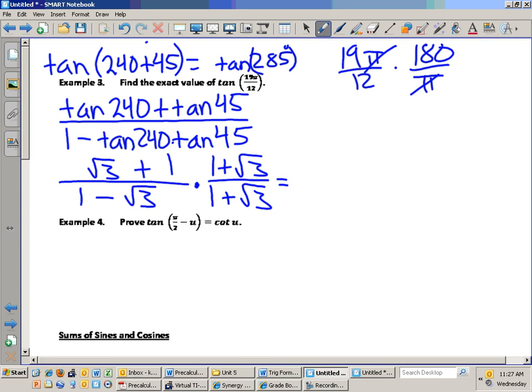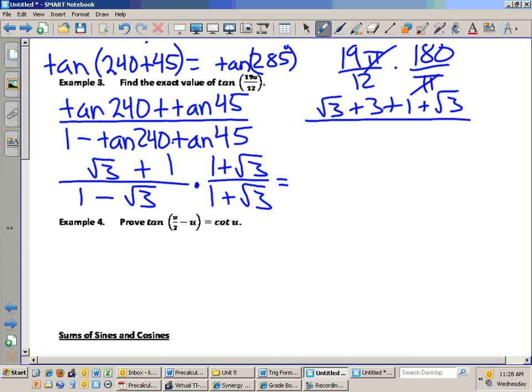Let's do the top. Square root of 3 times 1 is square root of 3. Square root of 3 times square root of 3. 1 times 1. And 1 times square root of 3. We'll reduce that in a second.